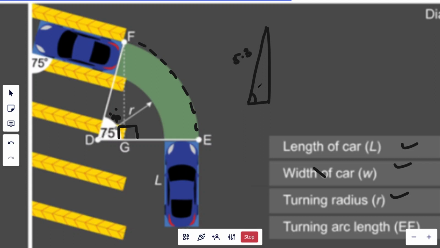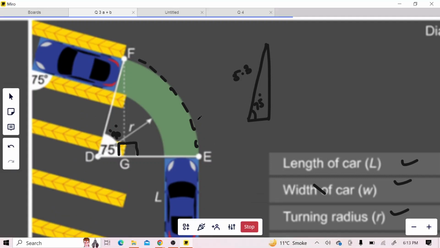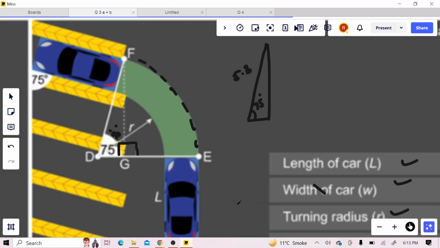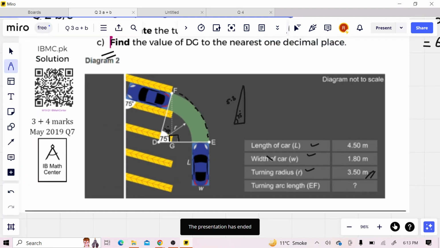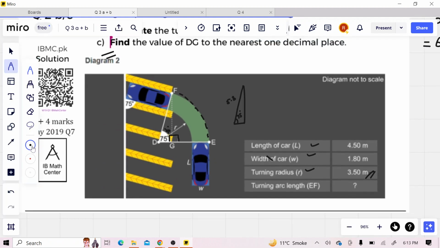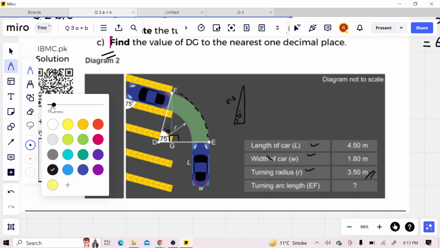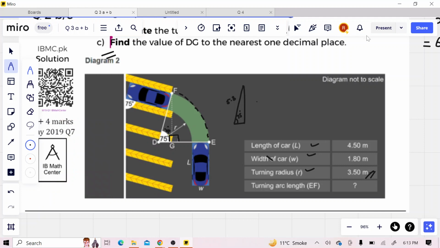This angle is 75. Let me just decrease the thickness. Stay with me, please. Thank you for your patience.